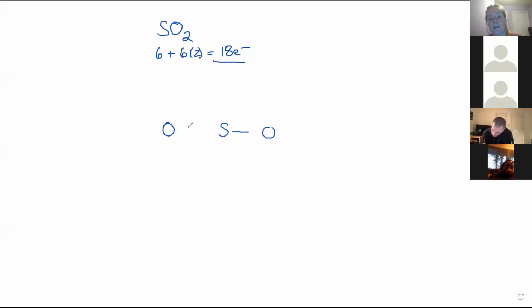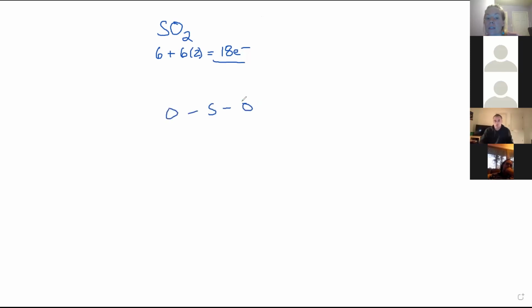So we'll stick this and this together. Let me consolidate this thing just a little bit. Sulfur bonded to an oxygen and an oxygen.